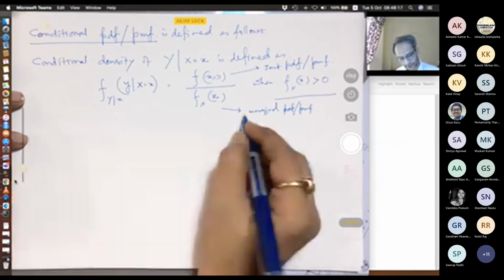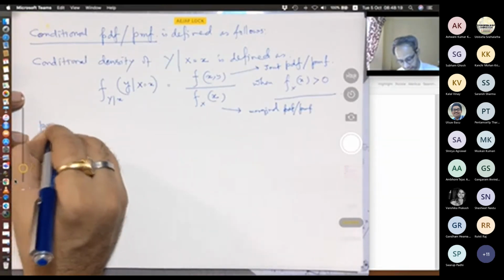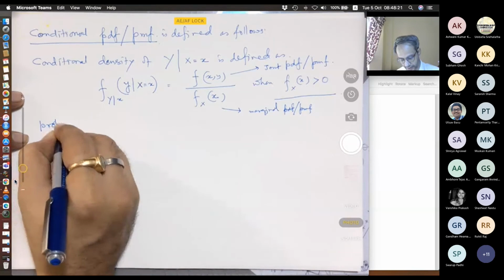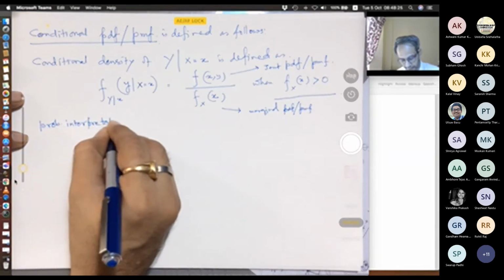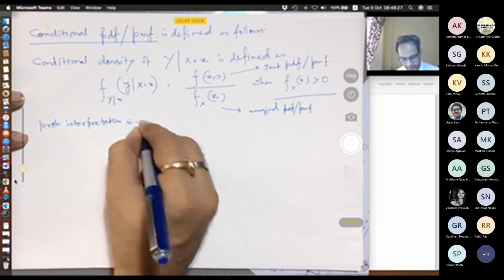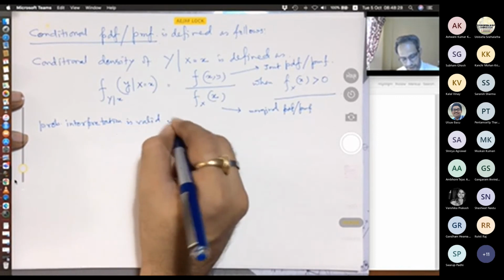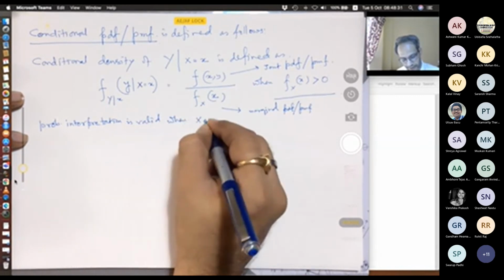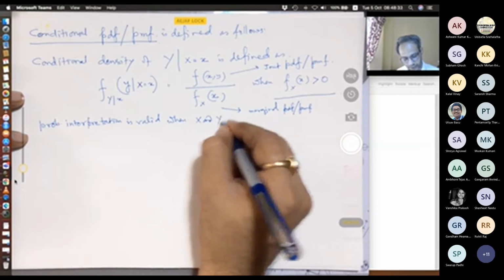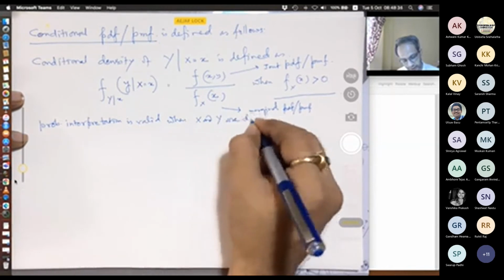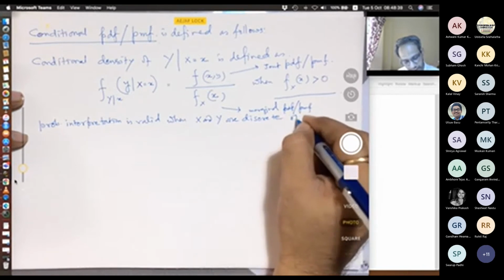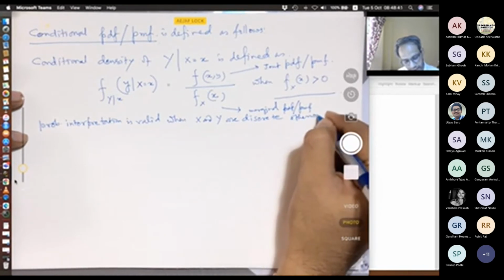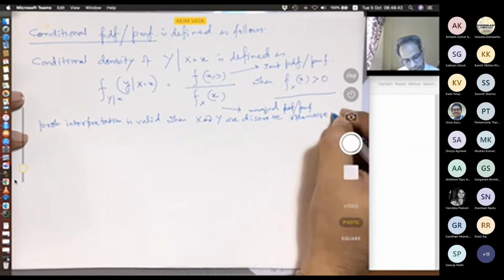Probability interpretation is valid when x and y are discrete, otherwise not.